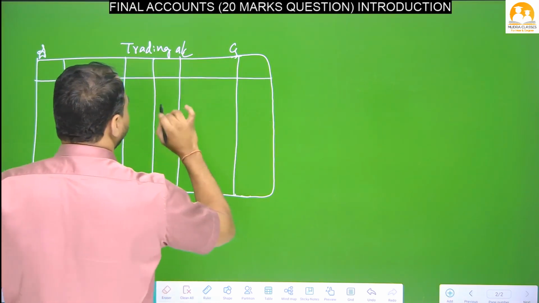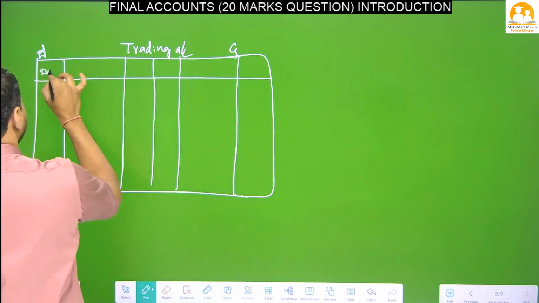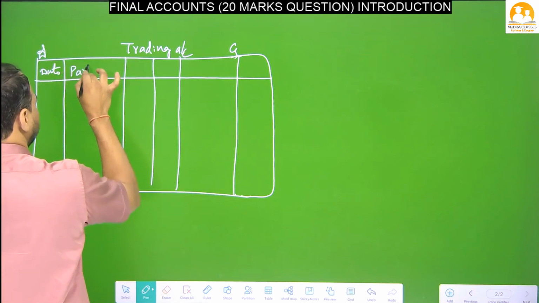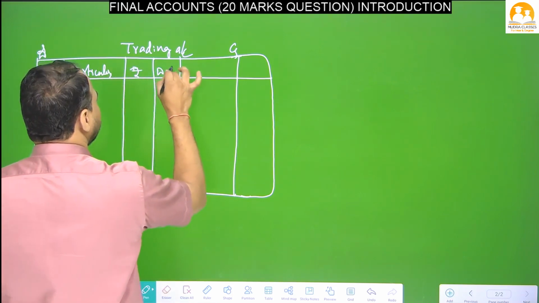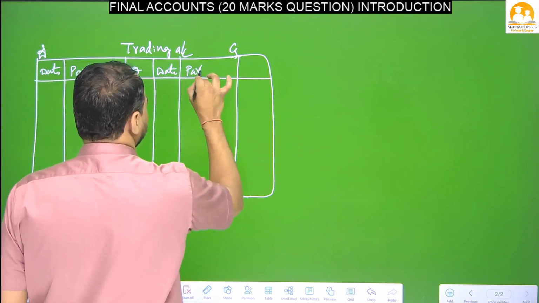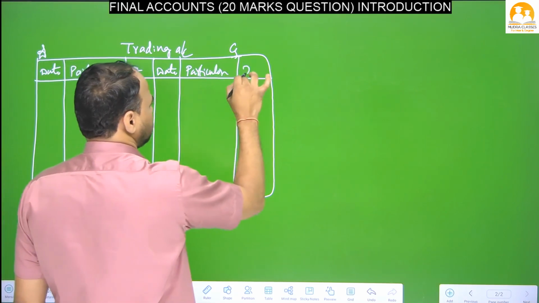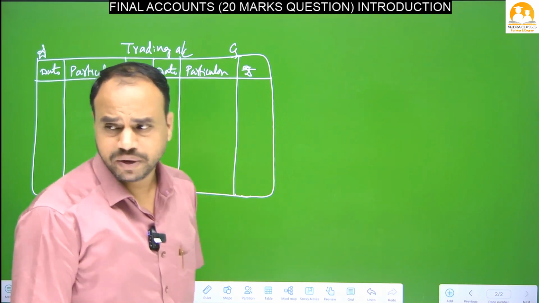One trading account we will prepare like this: date, particulars, rupees, date, particulars, rupees.